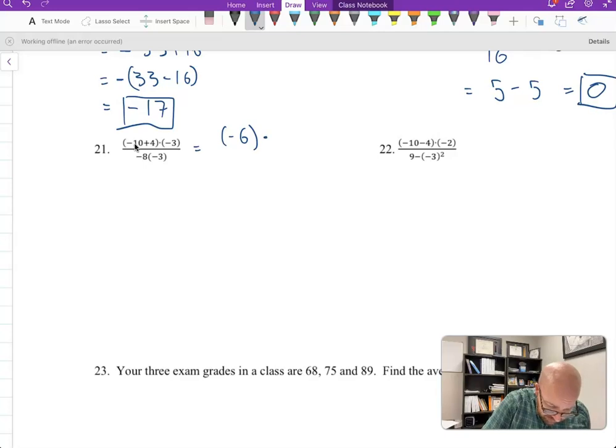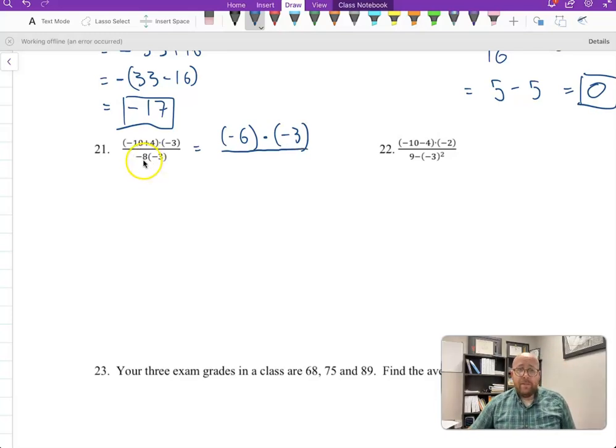And that negative 6 is multiplying a negative 3. And we're dividing by negative 8 times a negative 3. Well, negative times a negative is positive. 8 times 3 is 24. Back to my numerator, we have a negative 6 times a negative 3. That's a positive 18.